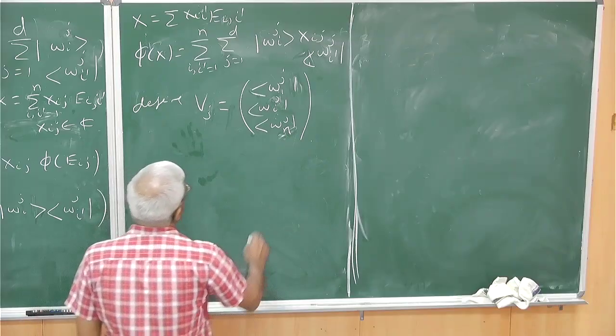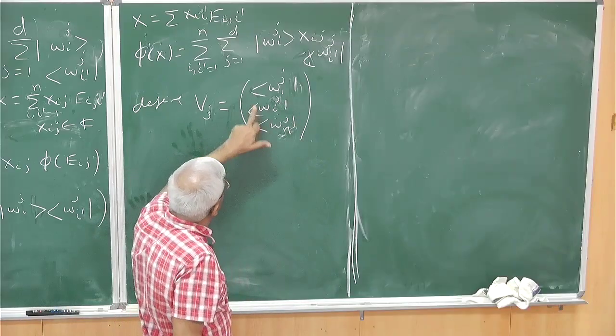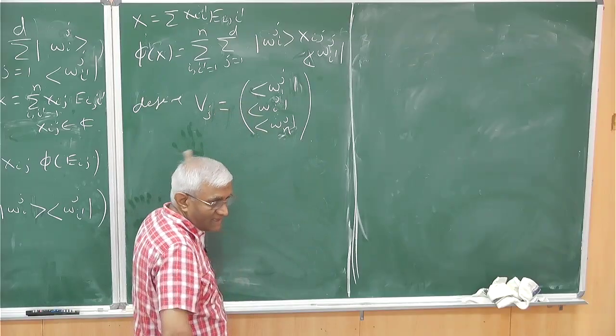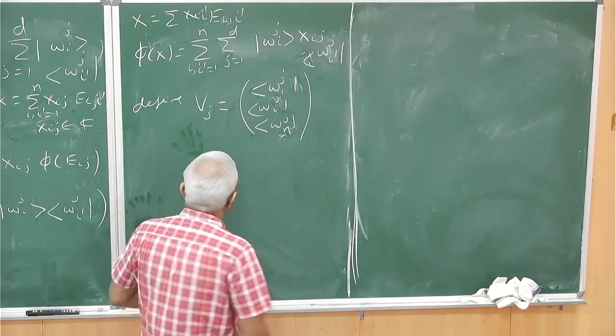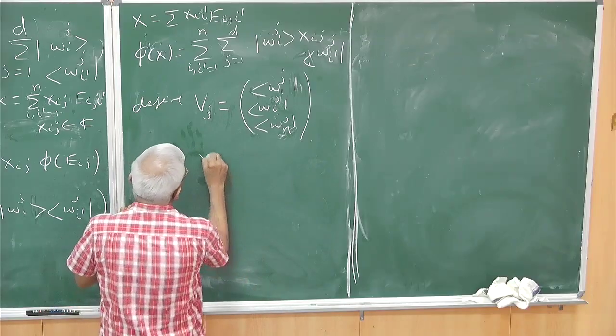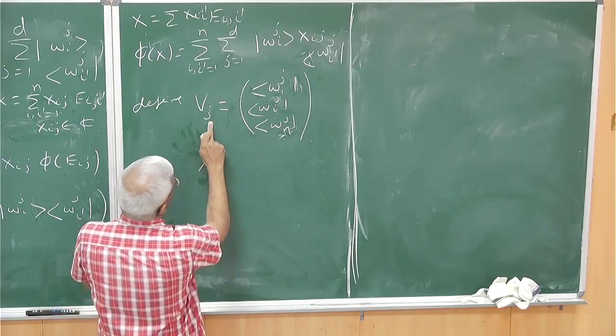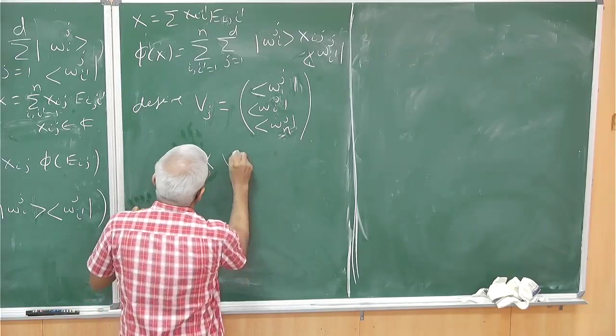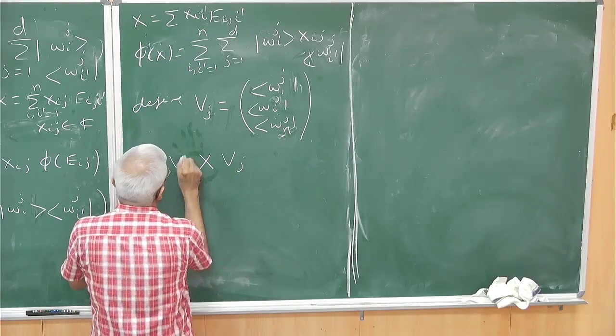Now, these are all, of course, n cross n matrices, right? So if you take x and then this is capital Vj, these are all n cross n matrices. Vj, Vj star.